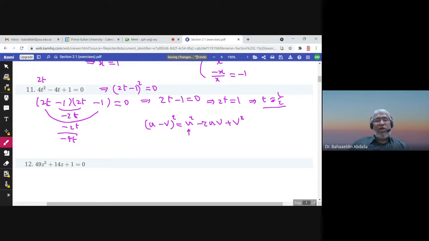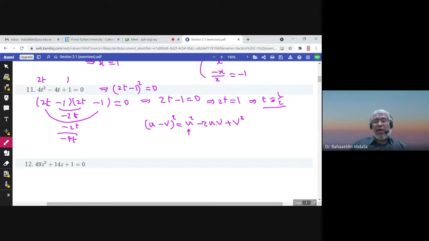And the last one is also squared, it has a root which is 1. And then in the middle, you take negative 2uv. So negative 2 times 2t times 1. That's negative 4t. So this proves that these three terms are written in this form. Okay? Square root of the first one times the square root of the second one times 2 will give you 4t.